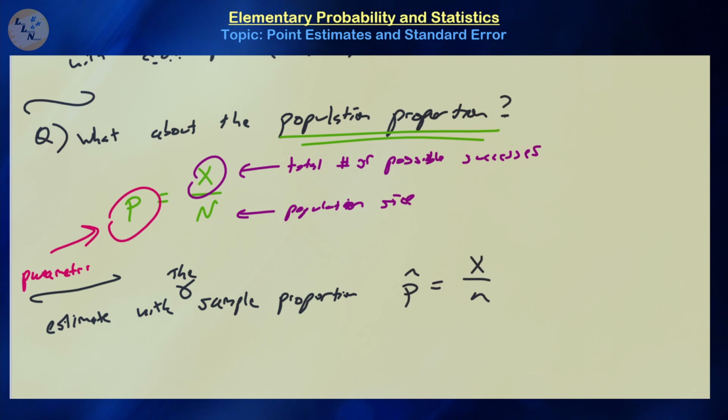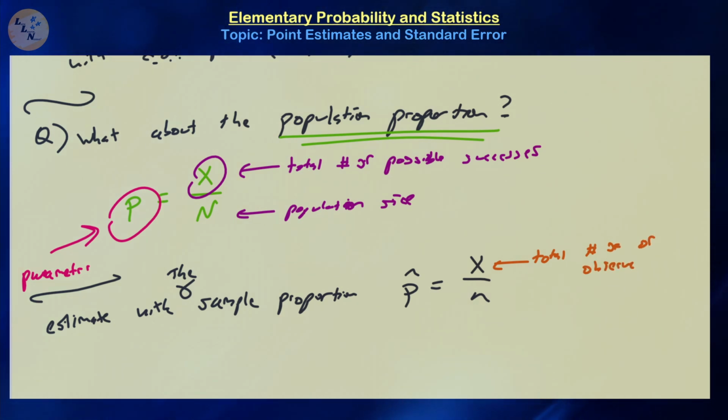So what does x represent here? So this x is going to represent the total number of observed successes in our sample S, and n is our sample size. All right?